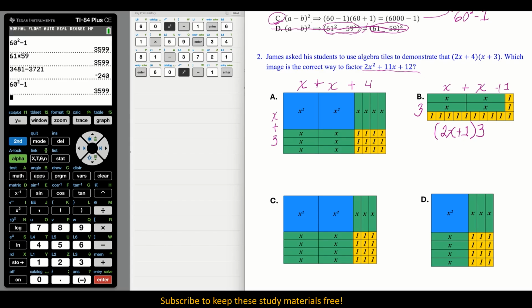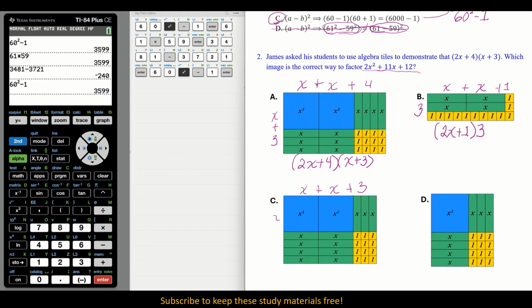On the top, we have 2x's plus a 4 times an x plus the 3. This one is x plus x plus 1, 2, 3.